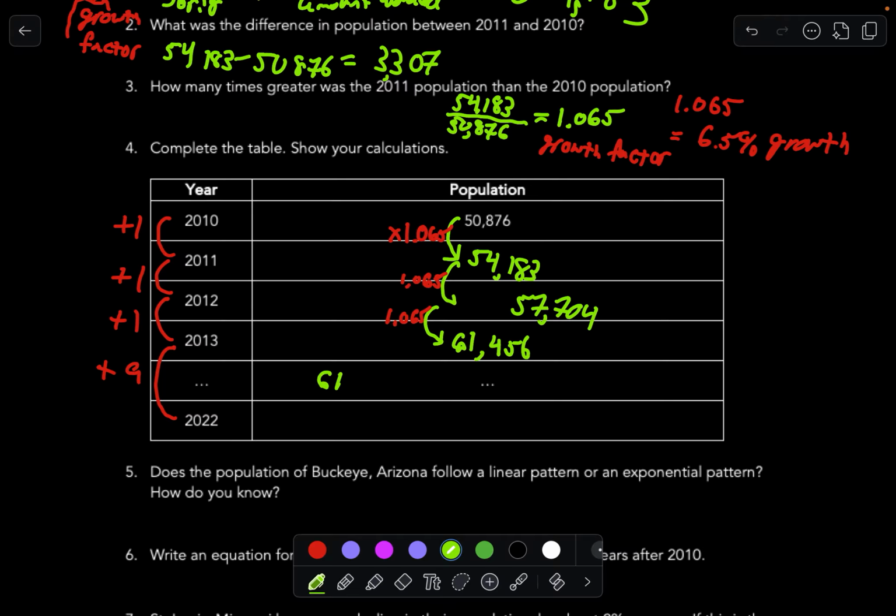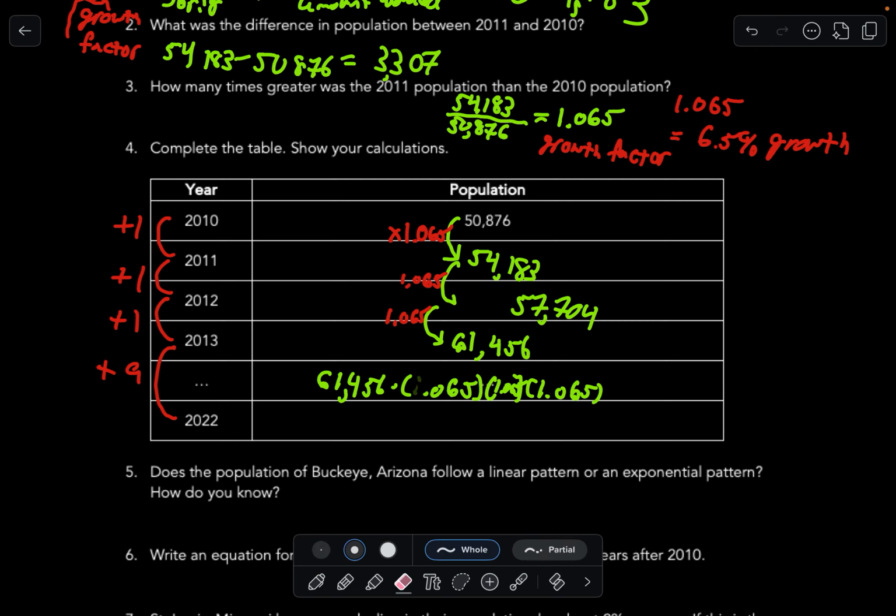So now we would take 61,456 and now multiply it by the growth factor of 1.065, and we would do it 9 times. There's a shorter way of writing this, because I'd have to write out 9 of them.